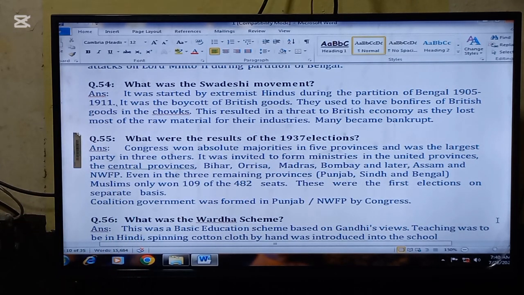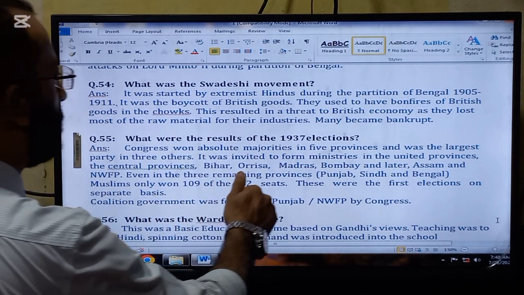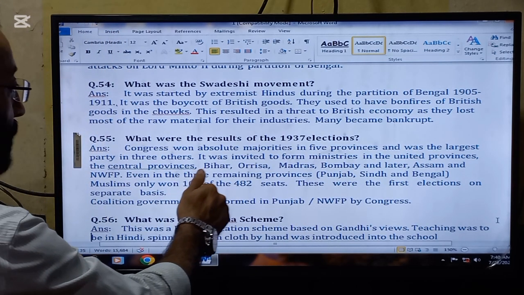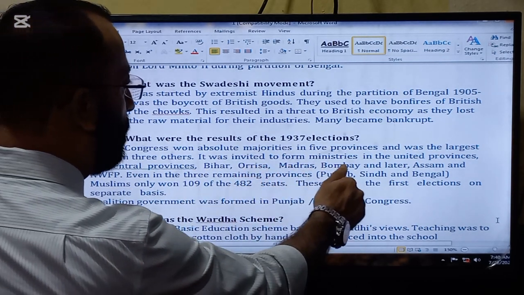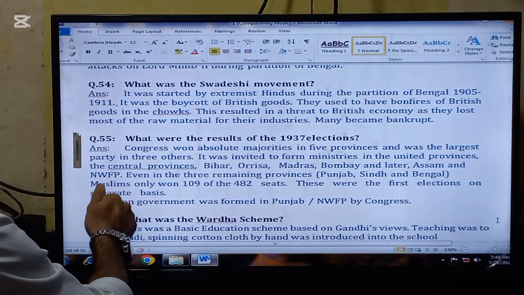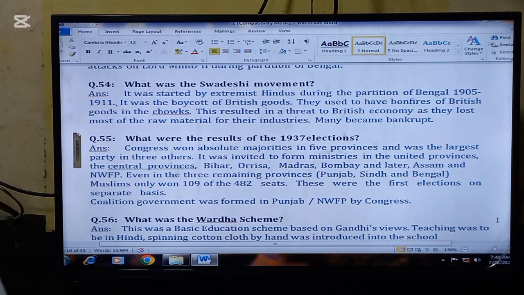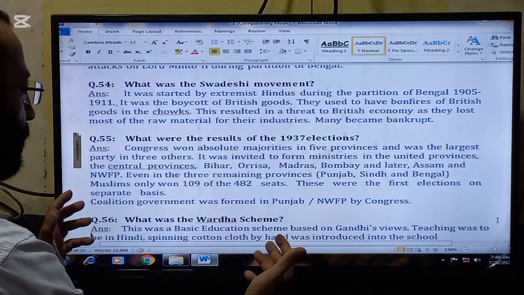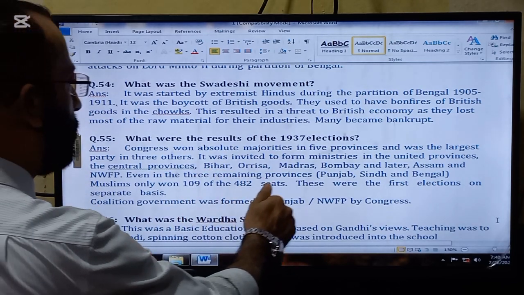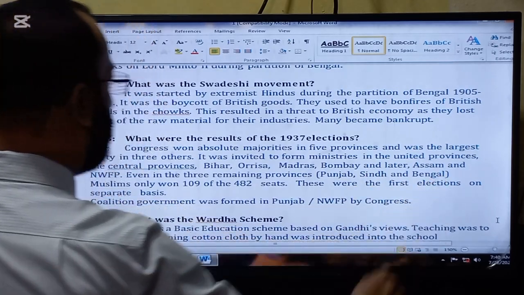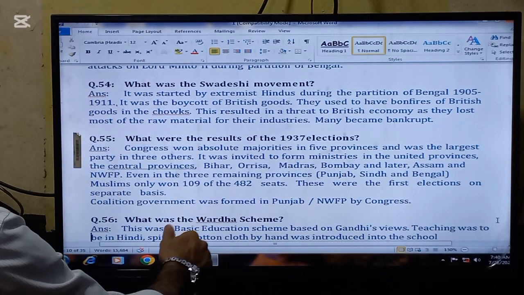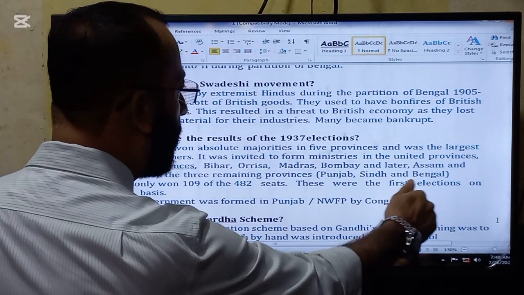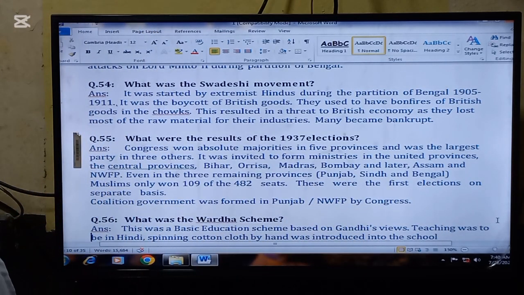The next important question for today is, what were the results of the 1937 elections? Congress won absolute majorities in 5 provinces and was the largest party in 3 others. So in total, they were in majority in 8 provinces. It was invited to form ministries in the United Provinces, the Central Provinces, Bihar, Orissa, Madras, Bombay, and later Assam and NWFP.